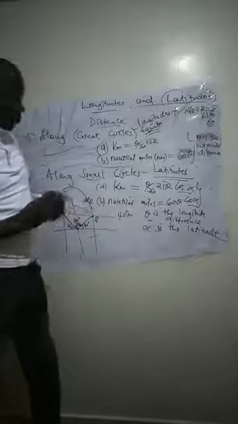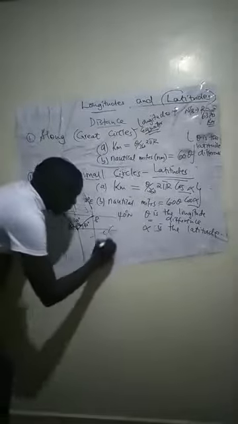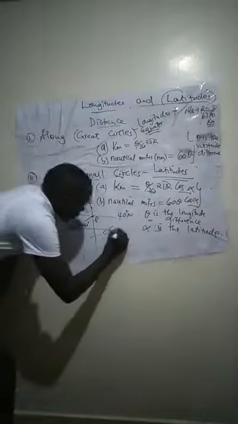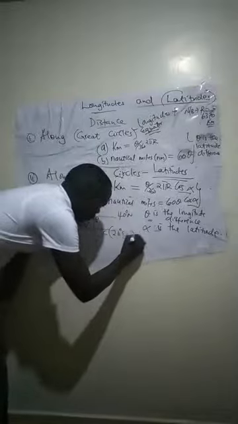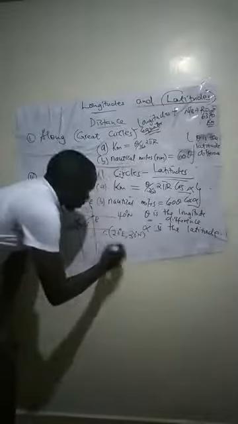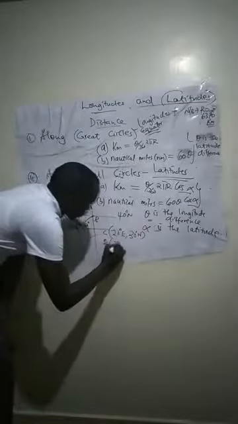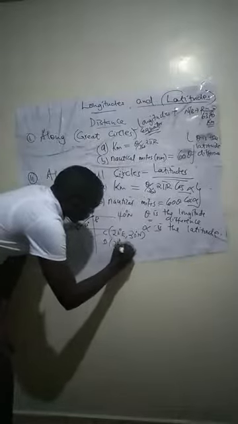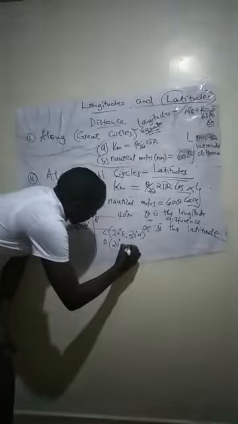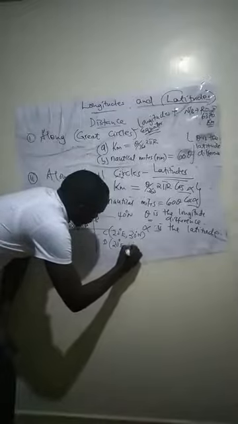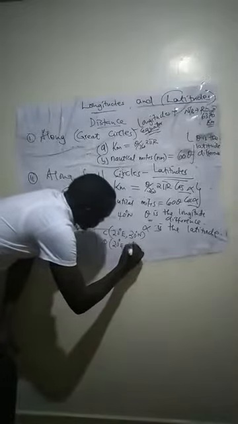if let's say we have a term C, 20 degrees east and 30 degrees north. We have B, 20 degrees east and 10 degrees south.